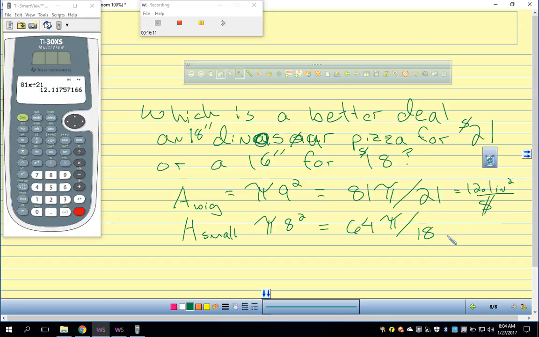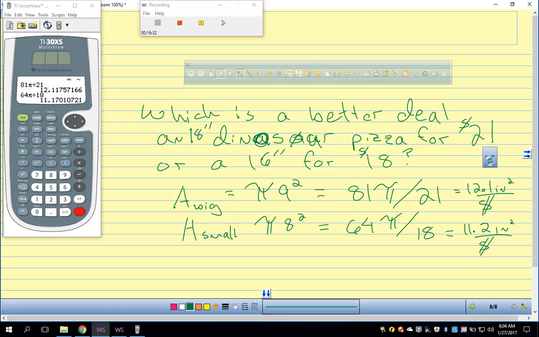This one is going to give you 64 pi divided by 18. How much is that? 11.2 inches squared per dollar.